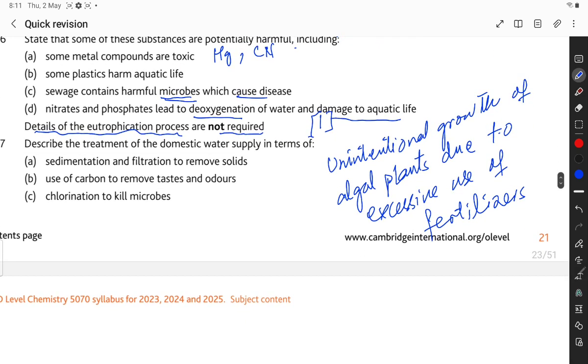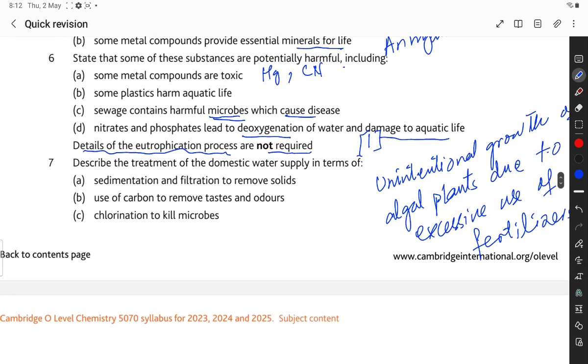Details of the eutrophication process are not required now.